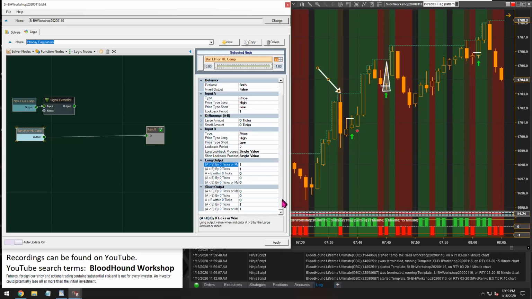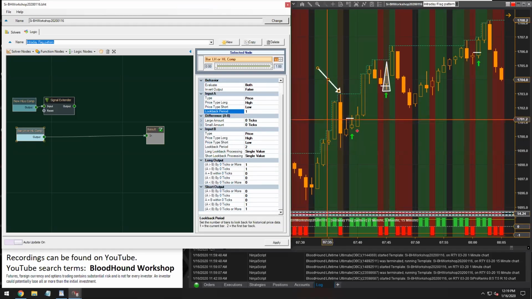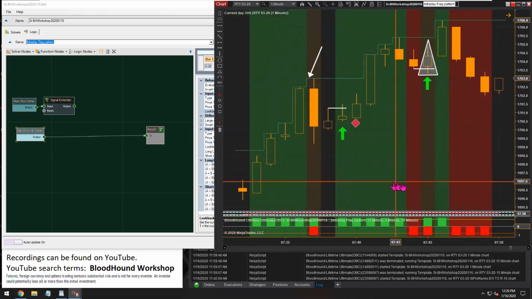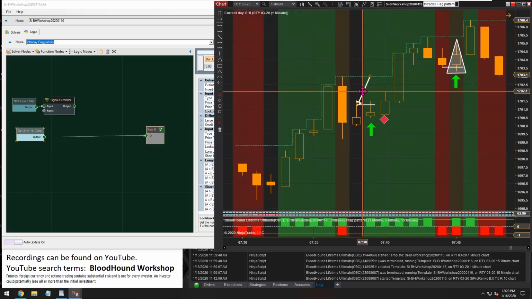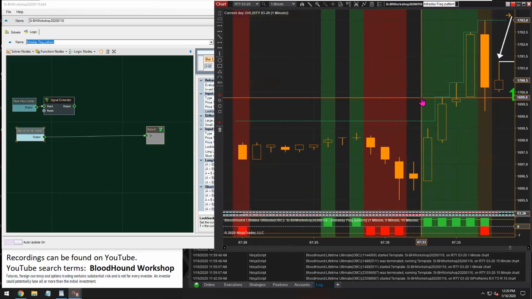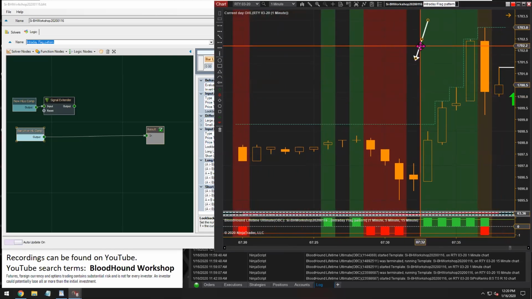Now we need to figure out what our output needs to be. The highs are getting smaller, or getting less. So we actually want A less than B. Remember, input A is our current bar. Let's zoom this out a little bit. Let's say that's our current bar.